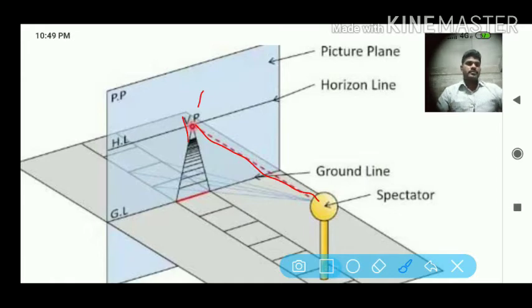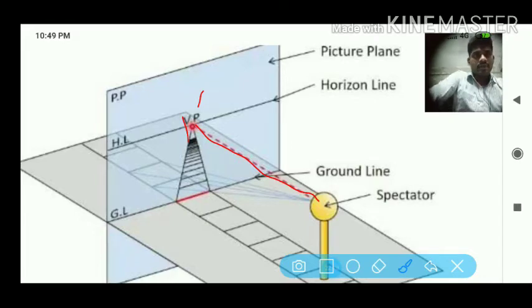It's not appearing, it's vanishing. The same track is vanishing. Actually it is there, but it vanishes from the spectator's point of view. That point is called the vanishing point. Look at the track: the lines appear joined, but actually both are not joined. That particular point is called the vanishing point.